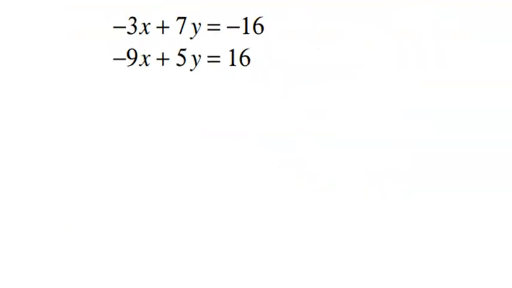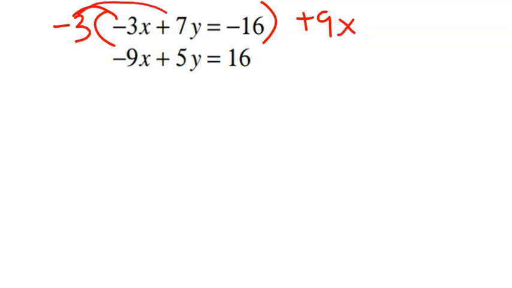One last time. I'm going to rename this top sentence, and this time I'm going to multiply by a negative 3 because I need a positive 9. Negative 3 times positive 7 is negative 21, and negative 3 times negative 16 is positive 48.